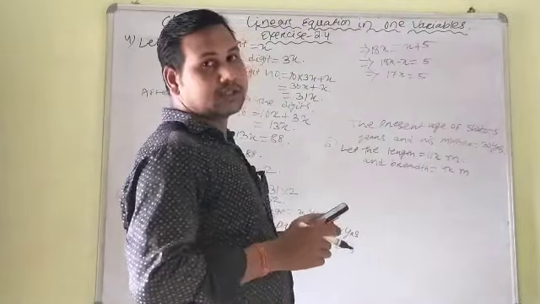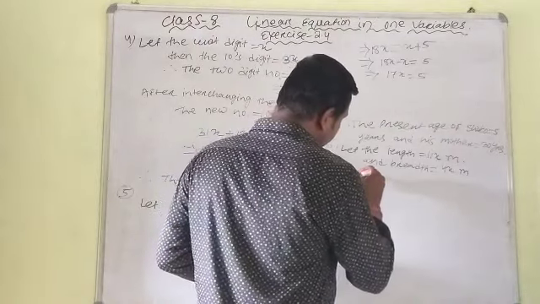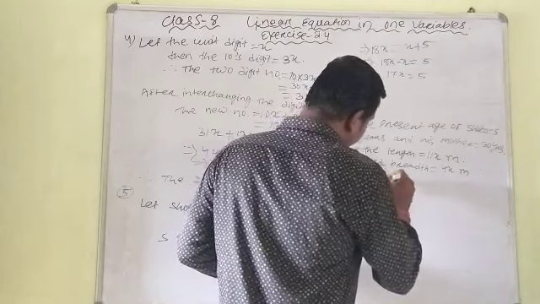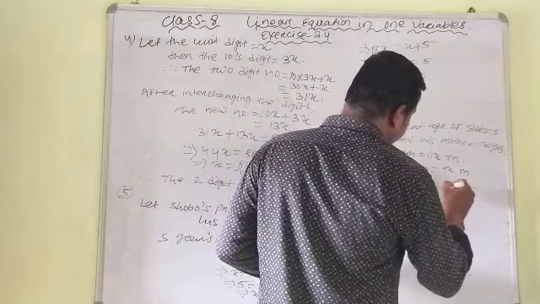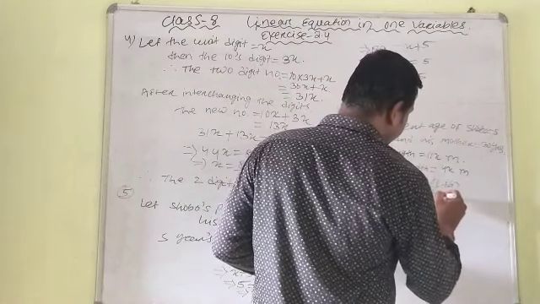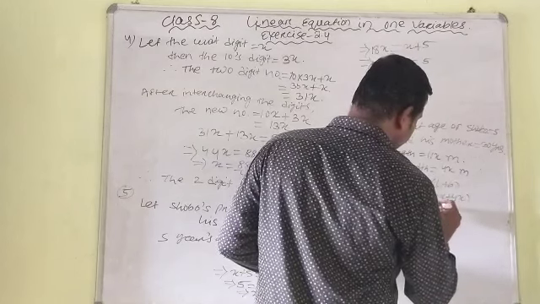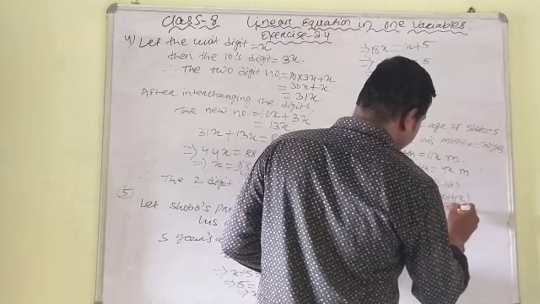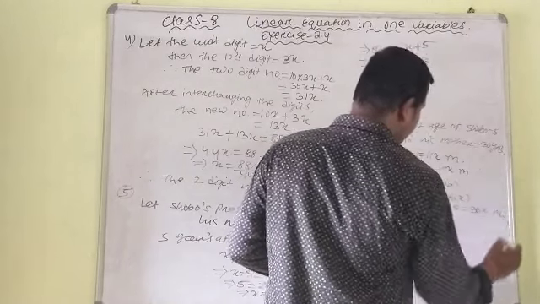Fence means it's a perimeter, so we'll find out perimeter. Perimeter is equal to 2 whole of length plus breadth, so 2 whole of 11x plus 4x, that is 2 into 15x is equal to 30x meter.